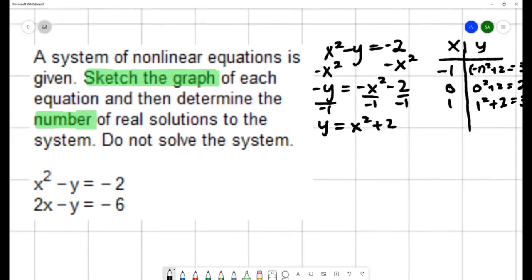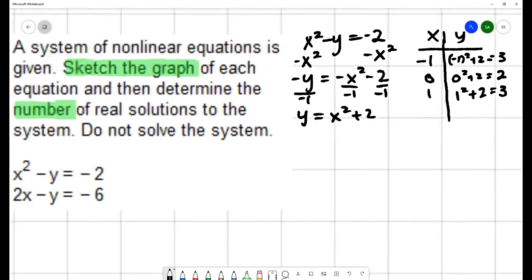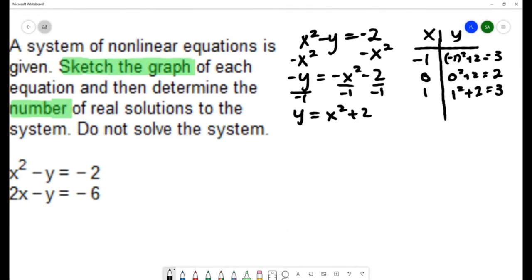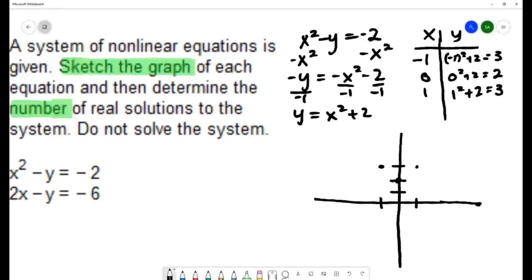So that's giving me 3 ordered pairs that I'll use to sketch the graph of this parabola. I have negative 1, 3, 0, 2, and 1, 3. And my parabola looks something like this.